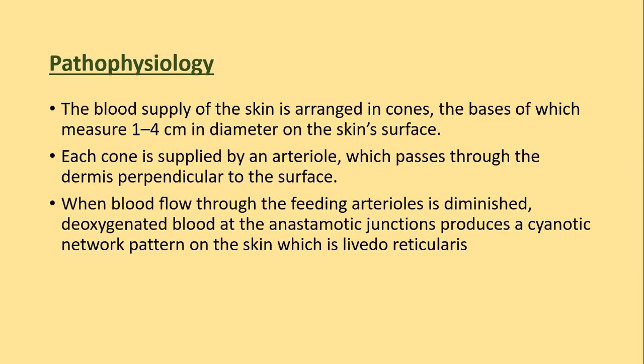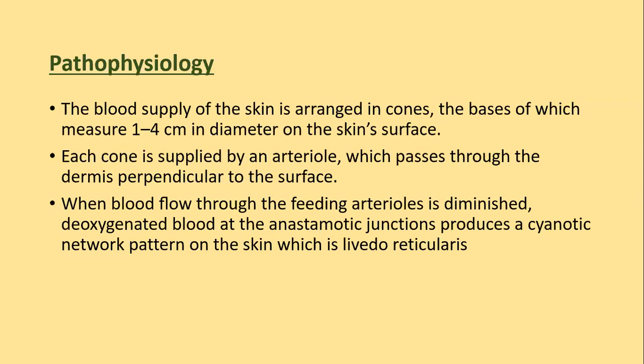Each cone is supplied by an arteriole that passes through the dermis perpendicular to the surface. When the blood flow through the feeding arteriole is diminished, the deoxygenated blood at the anastomotic junctions produces cyanotic network-like pattern on the skin.